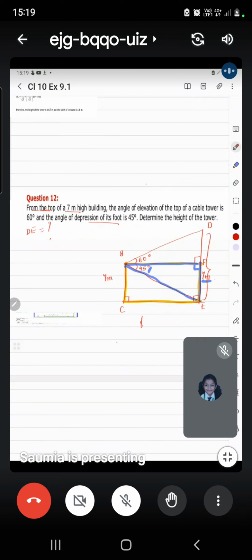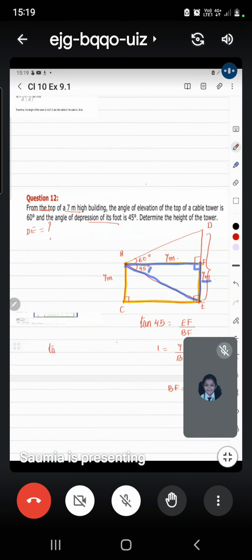So if I use tan 45, it is opposite EF upon adjacent BF. Tan 45 is 1, EF is 7, so I can write my BF as 7 meters. So I got my BF as 7 meters.